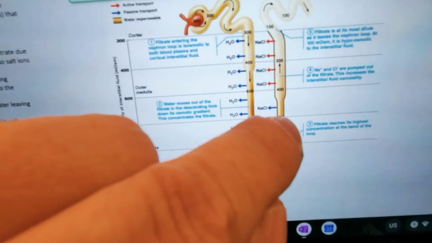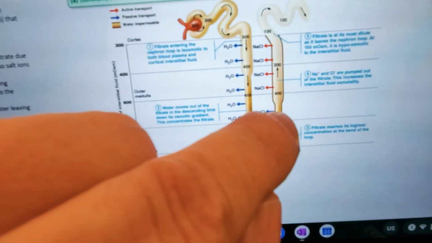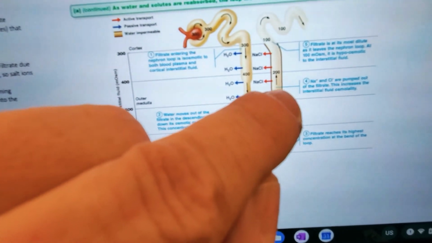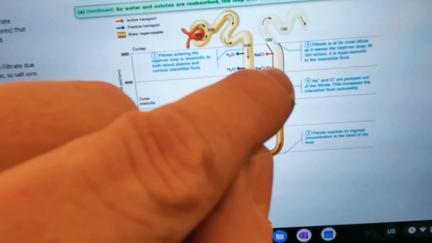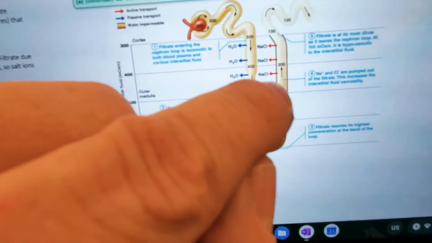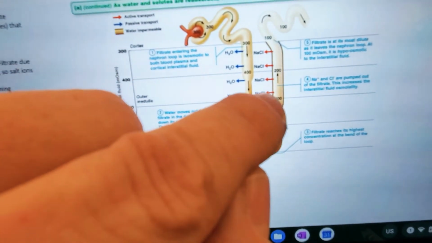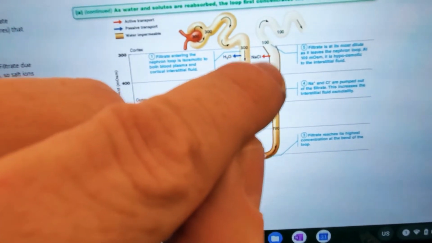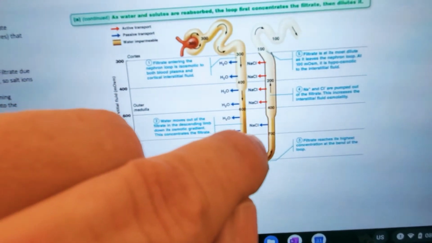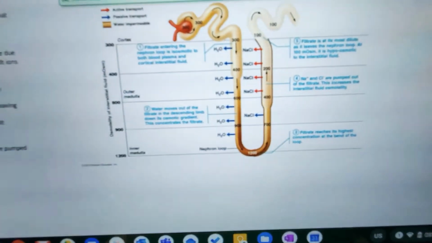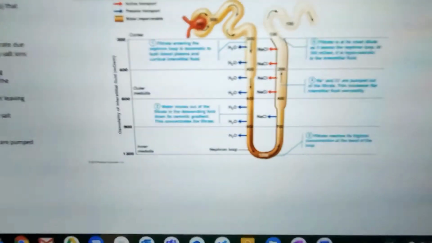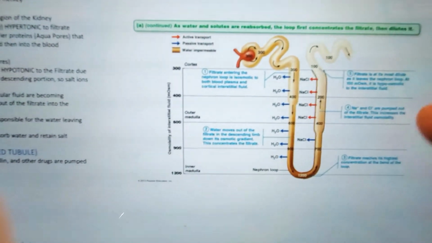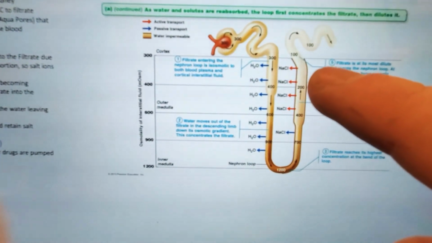See, it kind of works backwards. It's kind of crazy. So here the salt starts being drawn out, and now the concentration of salt in the filtrate is less, and there are no more aquaporins, or there are no more channels for water on the ascending arm of the loop of Henle. So water can't get out. But now what's happening is there are pumps as you go higher.